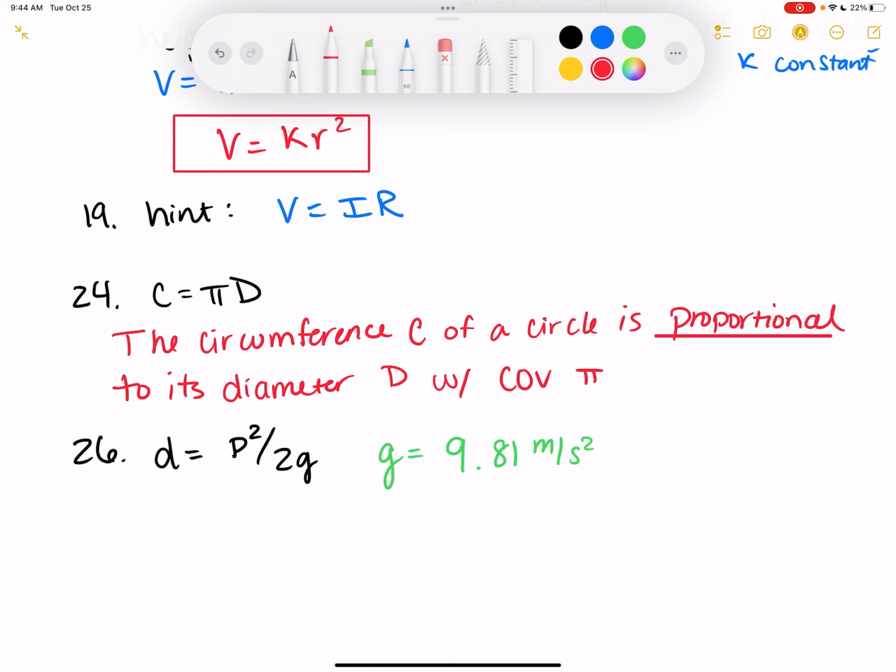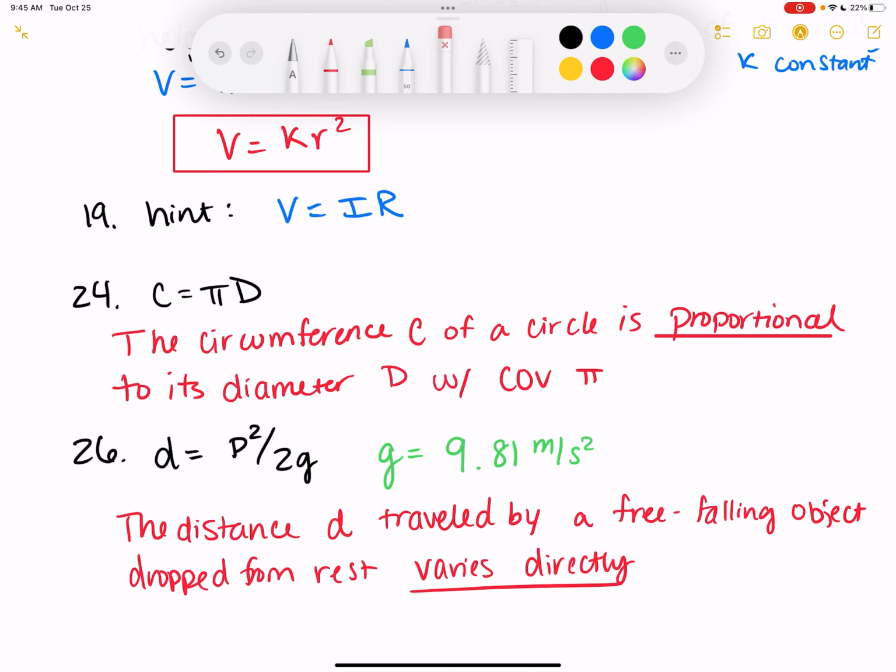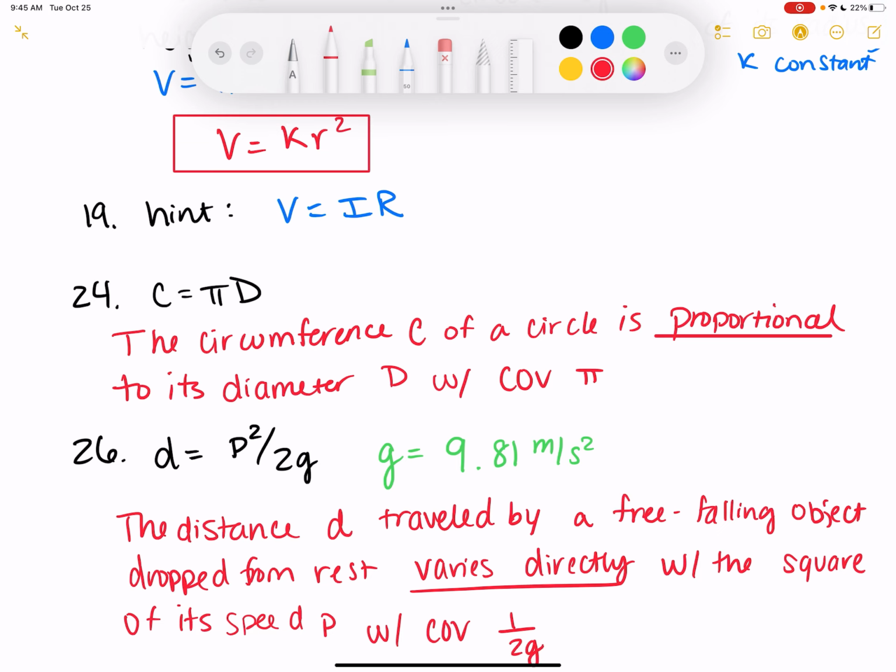So we say the distance d traveled by a free-falling object dropped from rest varies directly with the square of its speed p with the constant of variation 1 over 2g, because those are all constant numbers.